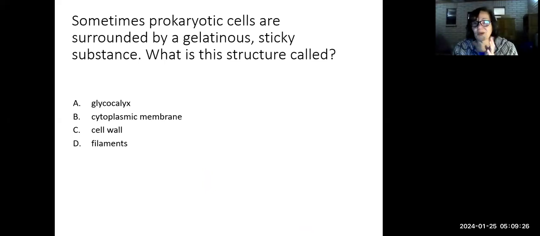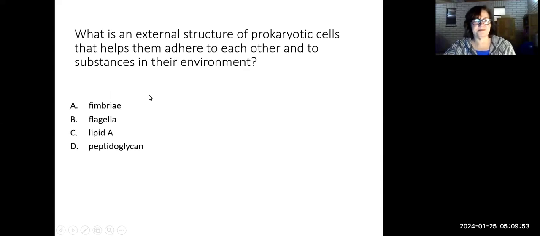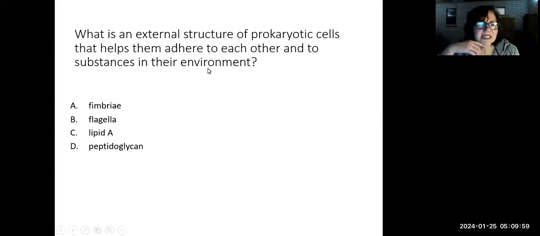All right, a couple of questions to make sure that you're following along. Sometimes prokaryotic cells are surrounded by a gelatinous sticky substance. What is this structure called? Glycocalyx, cytoplasmic membrane, cell wall, filaments. If you were thinking glycocalyx, that would be correct. Let's see, I can't actually read this question because something's blocking it on my screen. I have to move this.